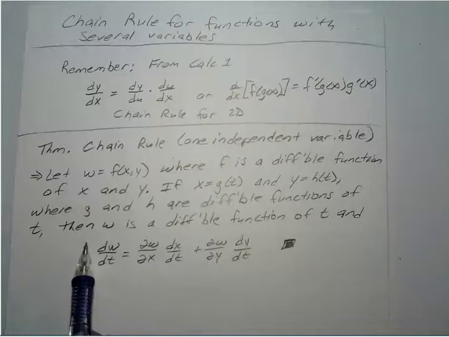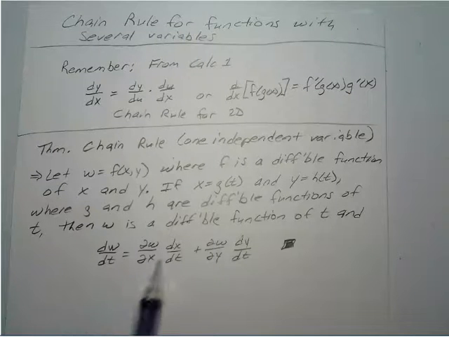Okay, so this is your chain rule formula when you have one independent variable, and that's t.